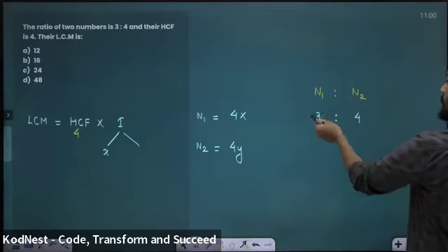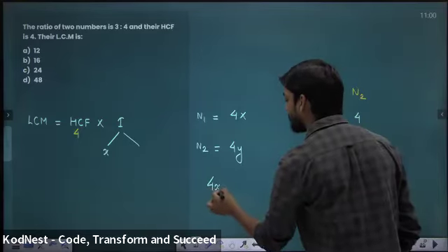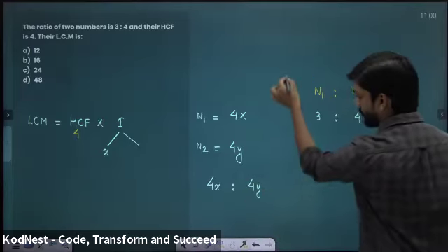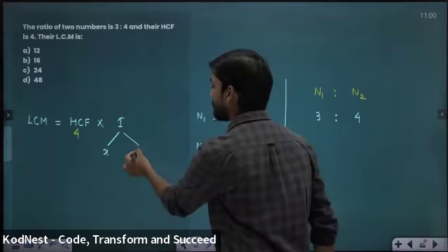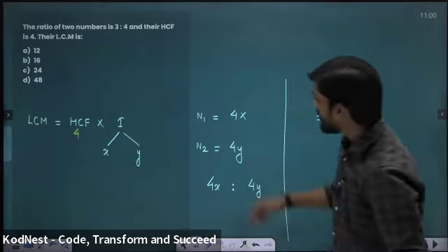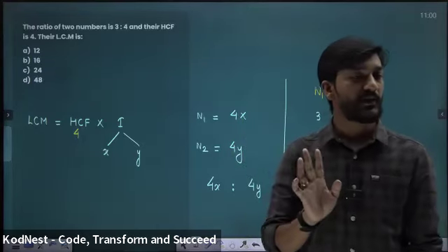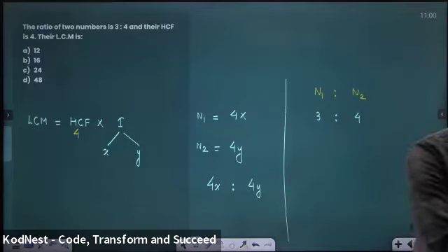I want the ratio of numbers to be 3 ratio 4. Okay, my dear, please answer. If HCF is 4, can I say numbers will be 4x, 4y, yes or not? I don't know x and y, but can I say numbers will be 4x, 4y? Yes?